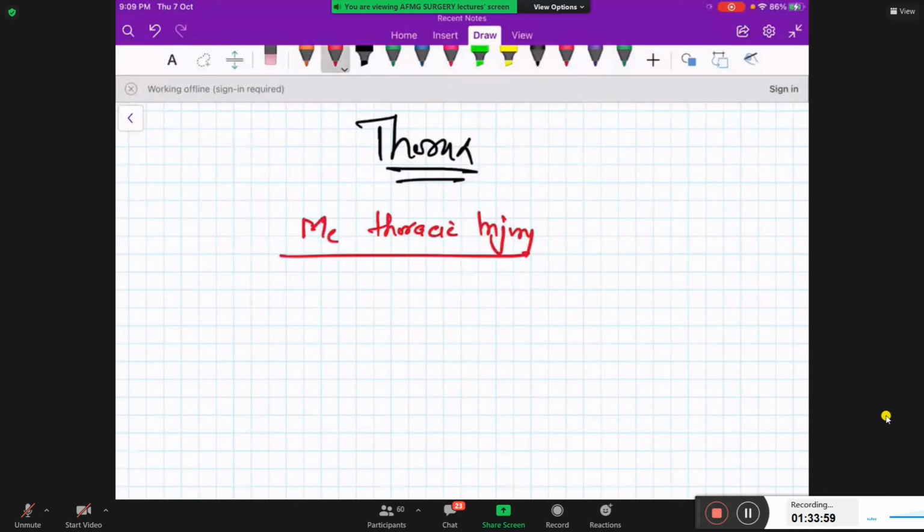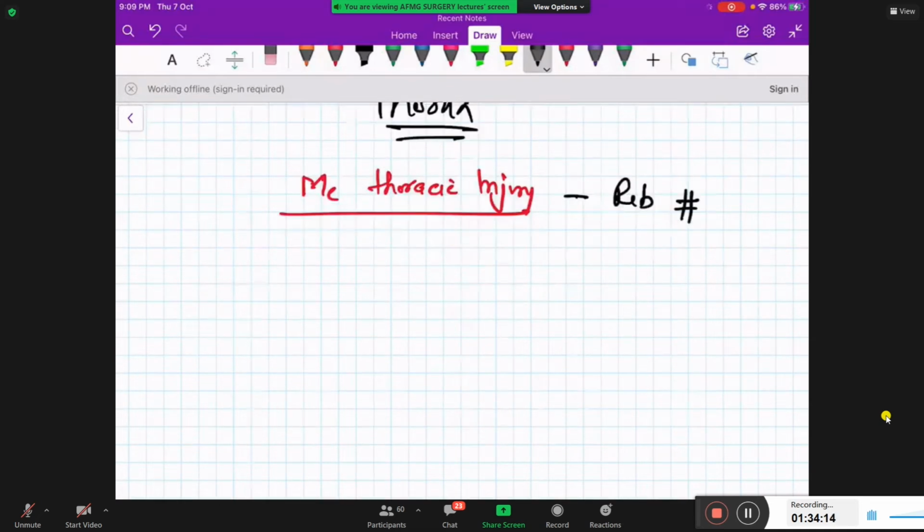What is the most common thoracic injury? Most common thoracic injury is rib fracture. Which rib is more commonly fractured?